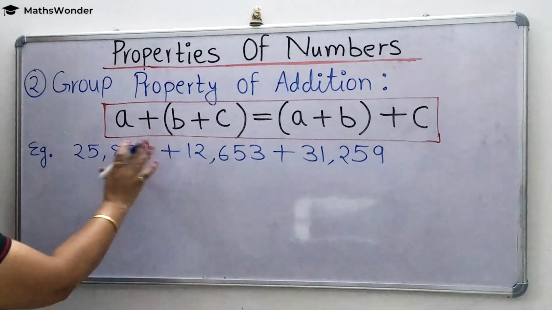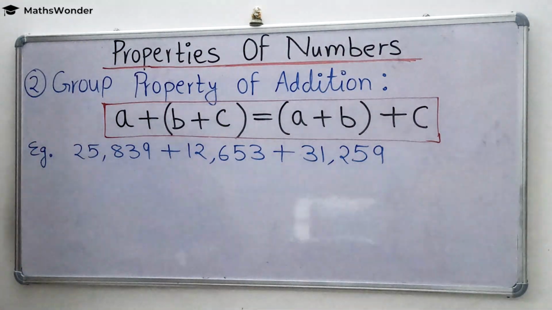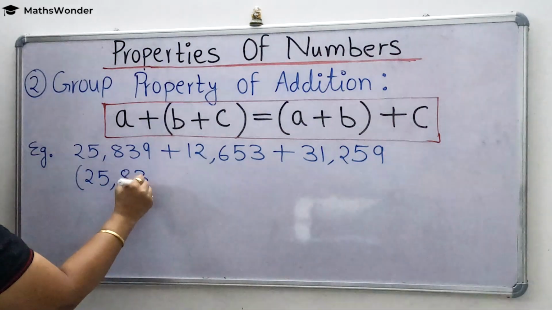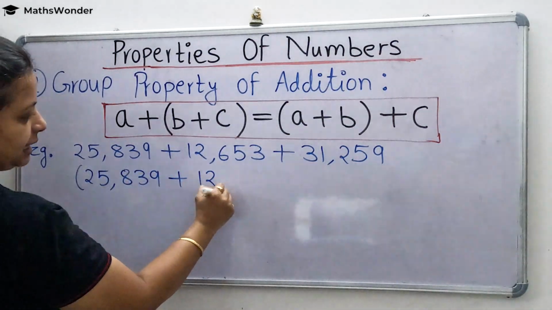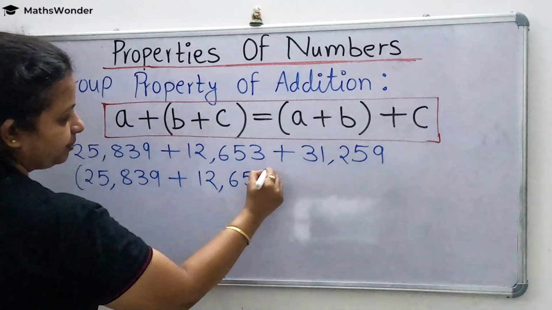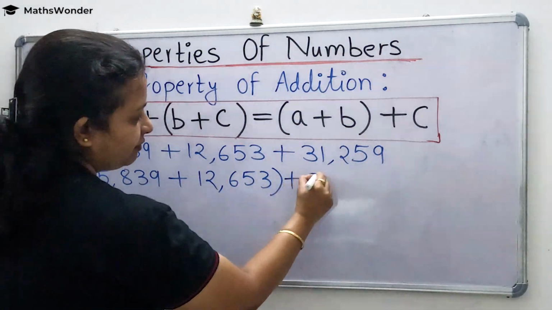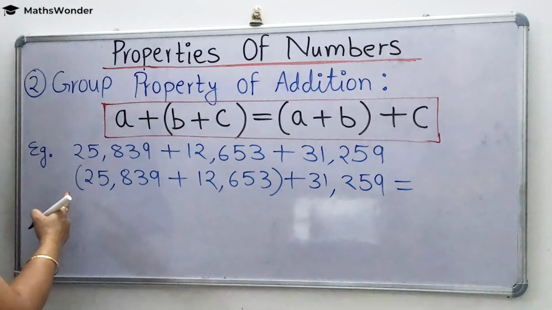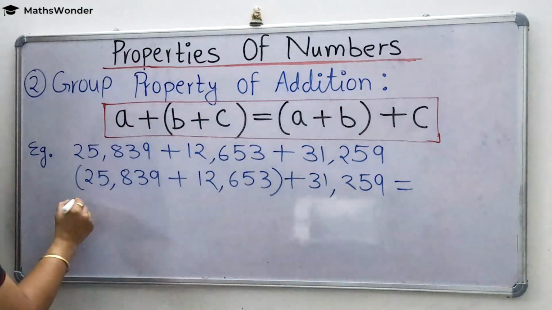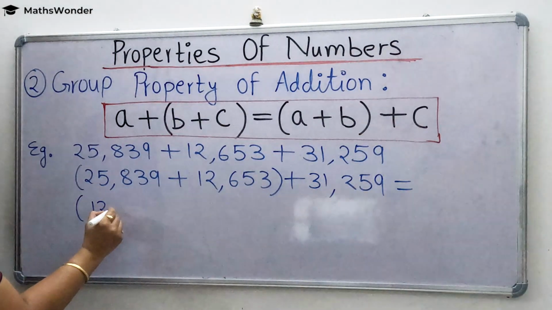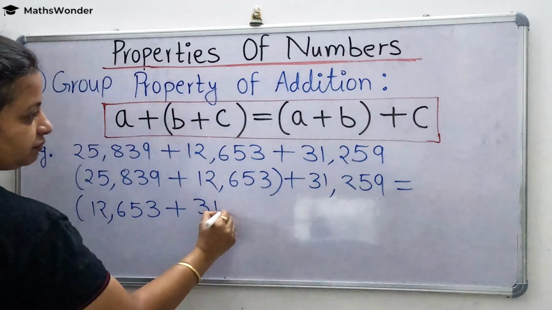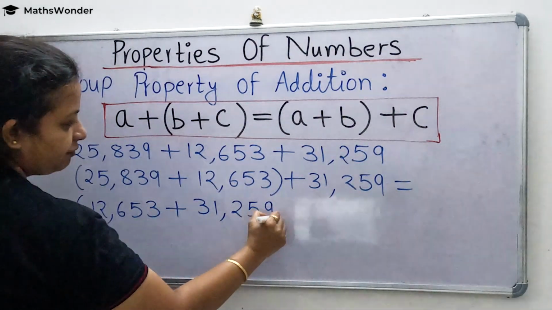See, now I am making three groups. How? Let's see. Suppose first I am taking 25839 plus 12653. This is the first group I have taken here. Now the second, I am taking these two in the parenthesis: 12653 plus 31,259.